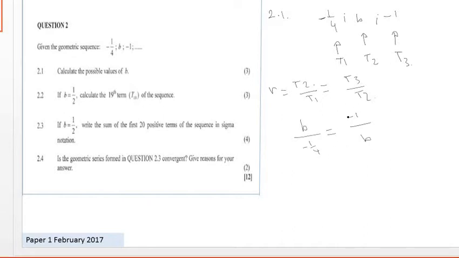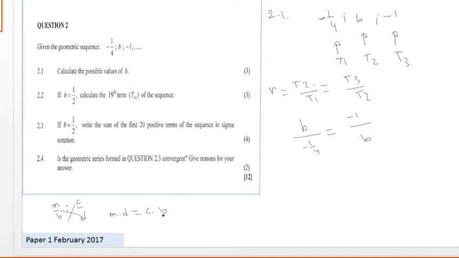To solve this equation, we are going to use the cross multiplication method, since we have fractions. So here I'll just remind you that if we have a over b is equal to c over d, that is also the same as when we cross multiply: a multiplied by d is equal to c multiplied by b.